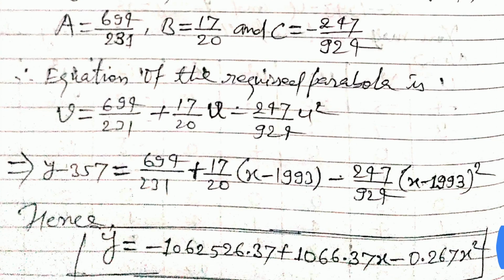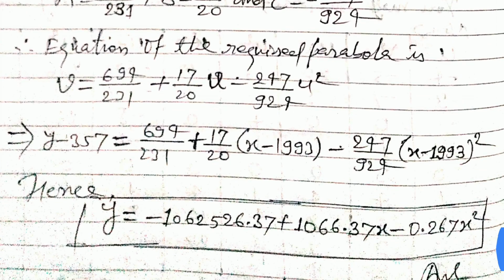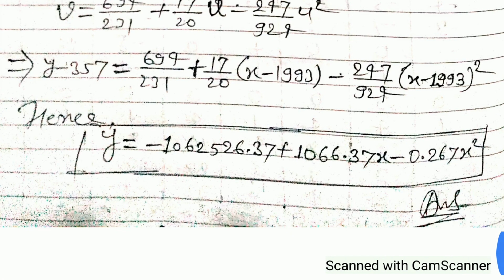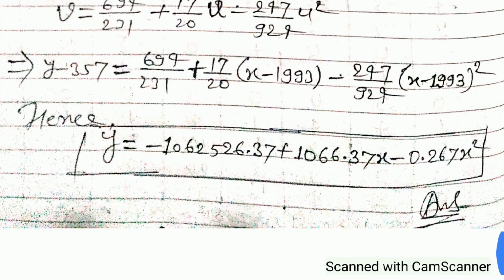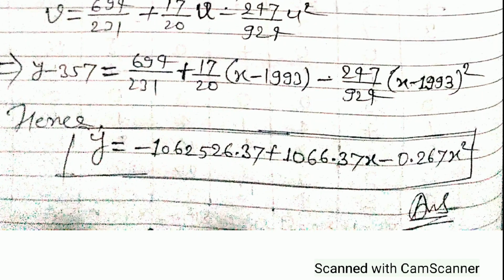That is in terms of u and v, and finally we change it: in place of u we write x minus 1993, and in place of v we write y minus 357, and then we simplify this and finally find the equation y is equal to this total. That is the required equation of the parabola.